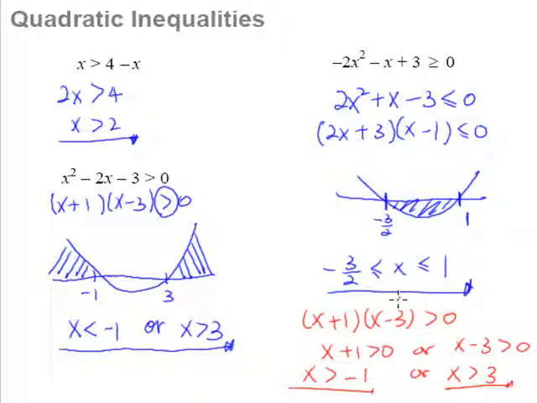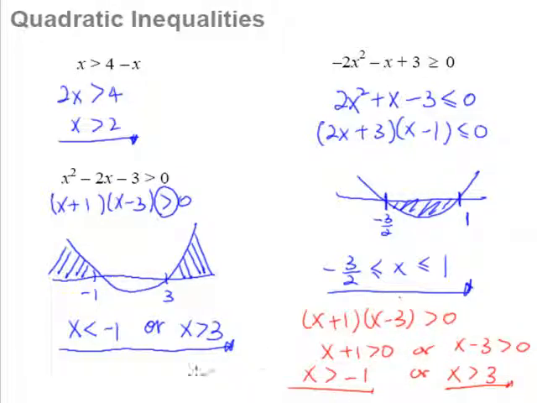Now why is this wrong? Very simple. This is wrong because this is an inequality, it is not an equal sign. If this were an equal sign, then his working would be totally correct.